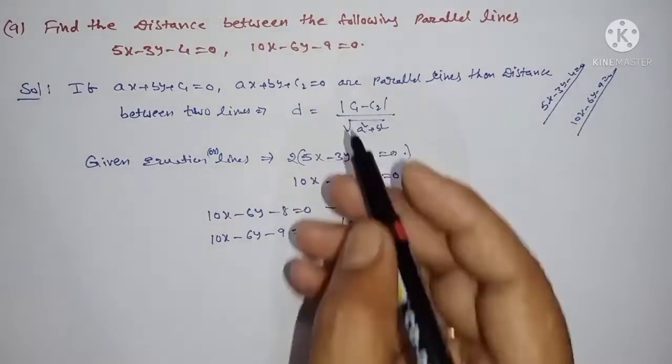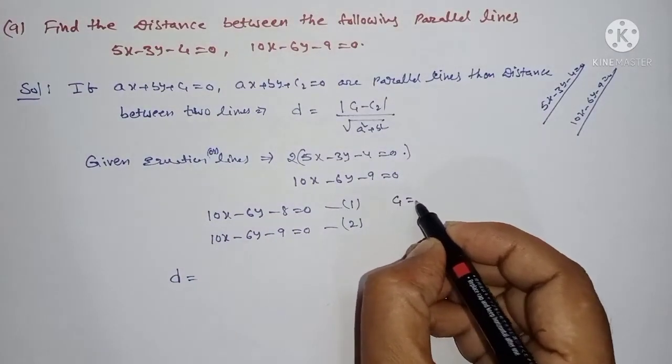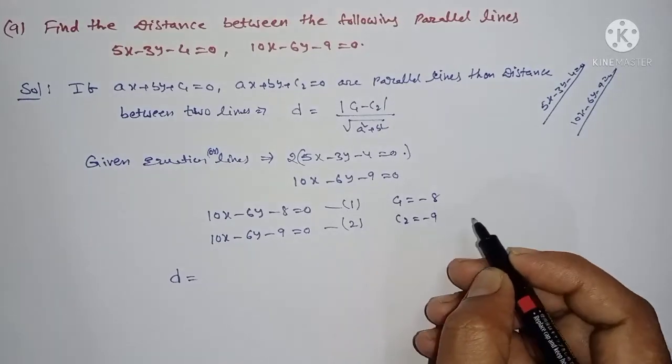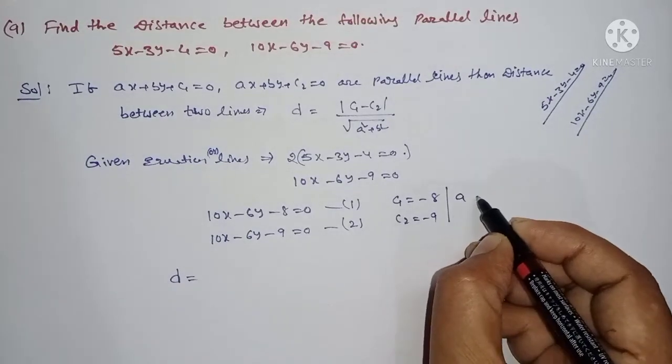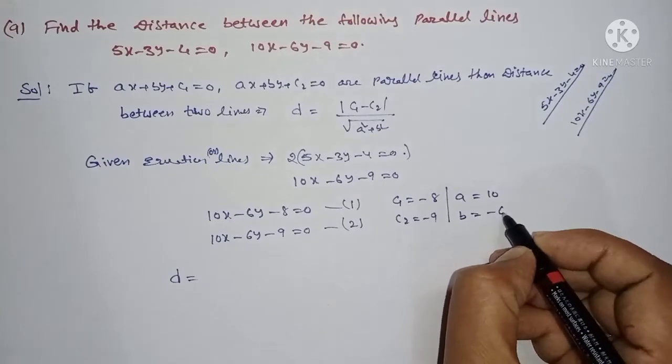Therefore, what is the formula? d is equal to mod of C1 minus C2 divided by the square root of A square plus B square. Therefore, you can write here C1 is equal to minus 8 and C2 is equal to minus 9. What is A? A is equal to 10, B is equal to minus 6.